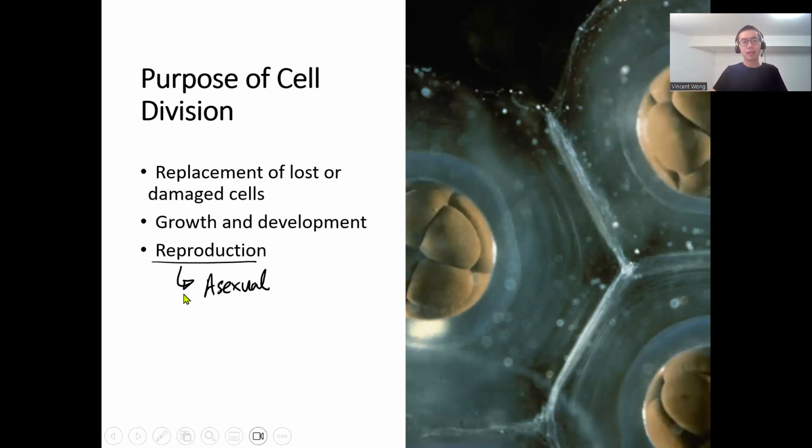So there is very little genetic diversity in asexual reproduction, whereas for humans, our kids don't look exactly like clones of ourselves, and that's for good reason. We are able to introduce genetic variation through the mixing of the genes between you and your spouse.